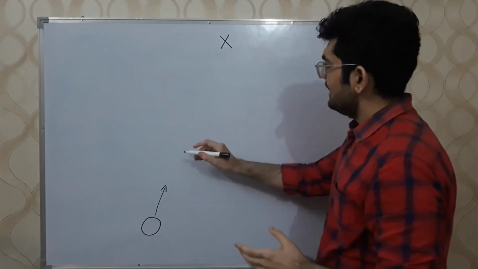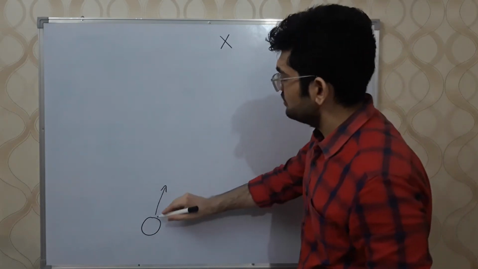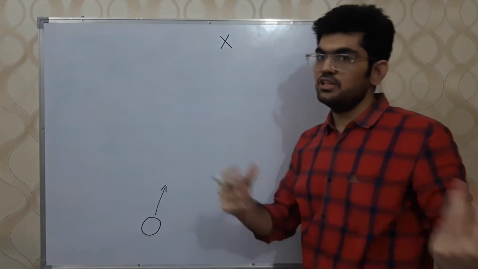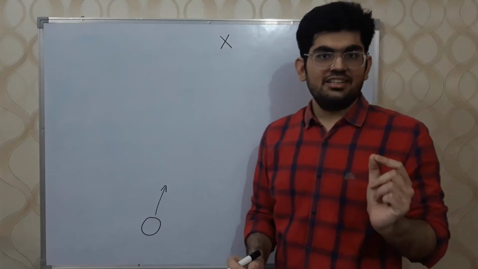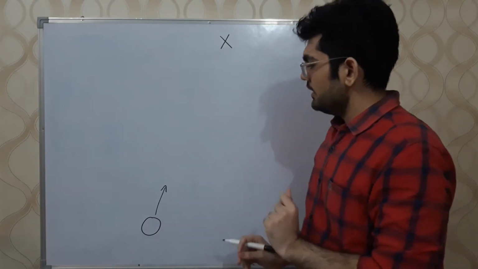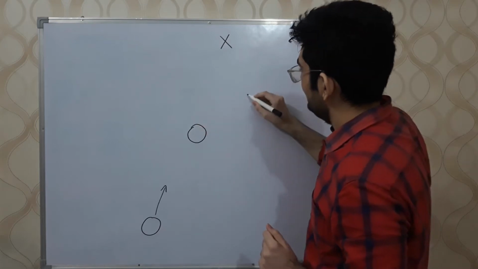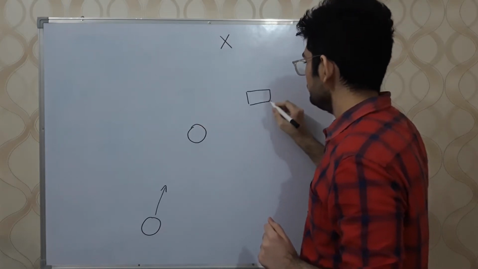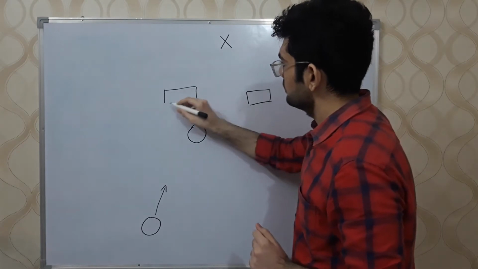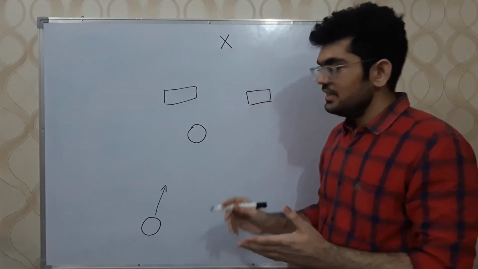Right, now reaching the target would be simple if there were no obstacles. It could simply go on like this and it would reach the target. But there was an added complexity of obstacles. Now, if we consider the character was somewhere around here and there were some obstacles, something like this.